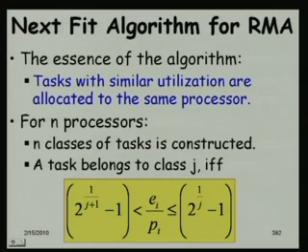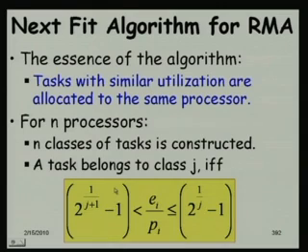The second processor will be 1 by 2 plus 1, that is 1 by 3. So 2 to the power 1 by 3 is how much? 1.3 something, I guess, 1.3. So between 0.3 and 0.41 will be for the second class.